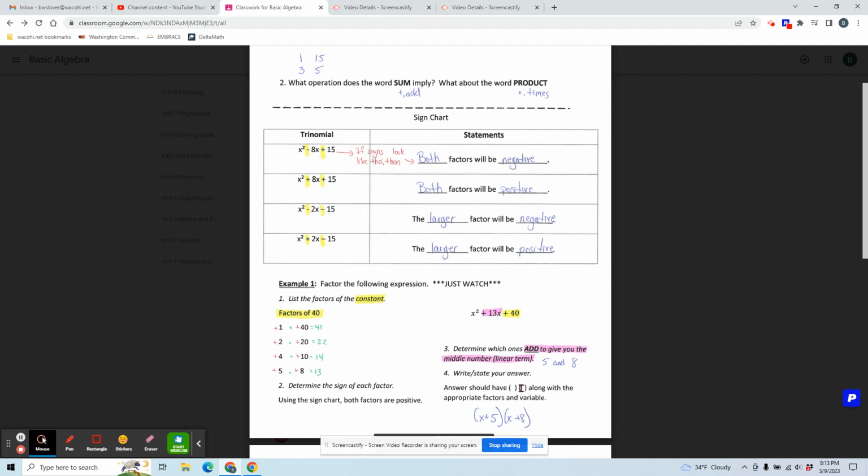So my answer should have 2 sets of parentheses along with the appropriate factors and variable. So since I'm talking about x's in my expression, I have an x in here. And then my factors were 5 and 8. So I have x plus 5 times the quantity x plus 8. If I were to multiply this out, I would get this.